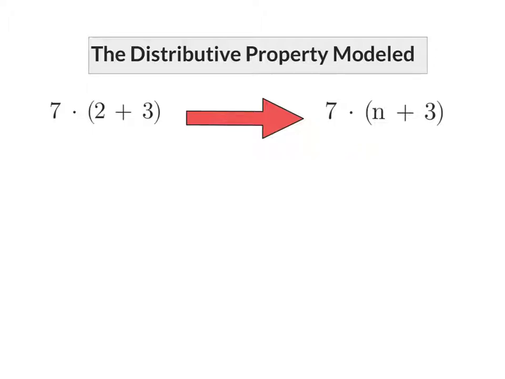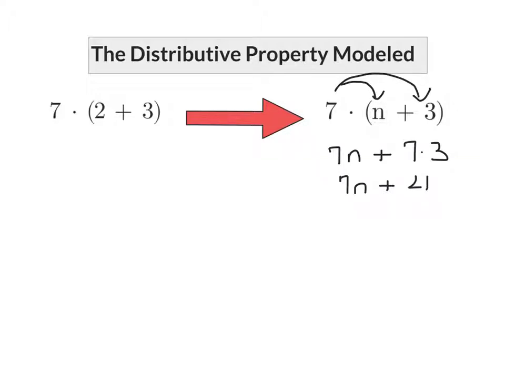Okay, so let's distribute the 7 to the n and the 7 to the 3 in parentheses. I'm going to rewrite the expression as 7n plus 7 times 3, and I simplify 7 times 3 as 21.